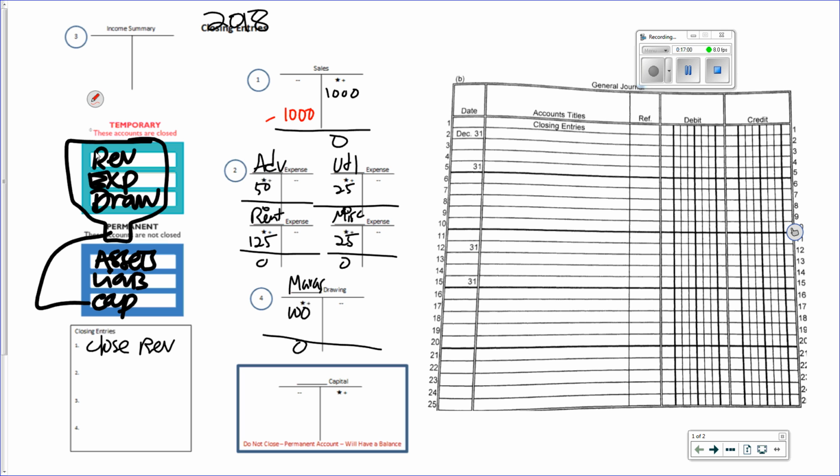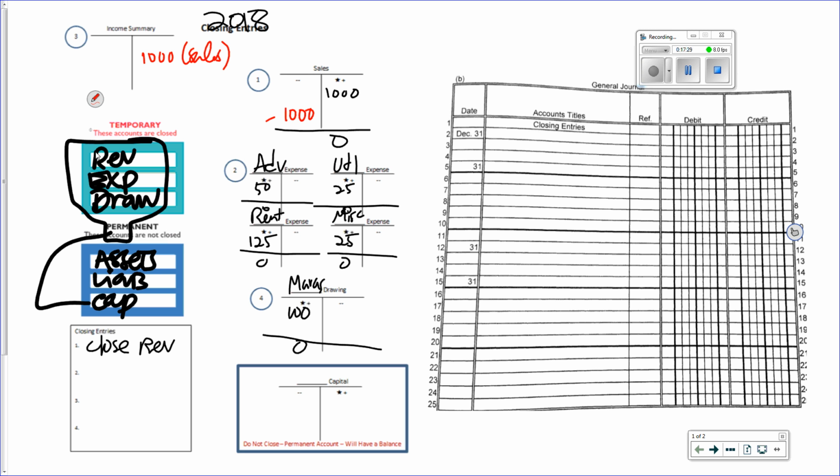Where do you think I'm going to temporarily put that? Eventually it'll go to capital, but where are we going to use it to funnel just for now? Income summary. So if I have a debit there, this one has to be a credit, and I'm going to put the word sales behind there so I remember, oh yeah, that's how I close sales. So this is a funnel account that I'm going to use temporarily to get everything funneled down to capital eventually.